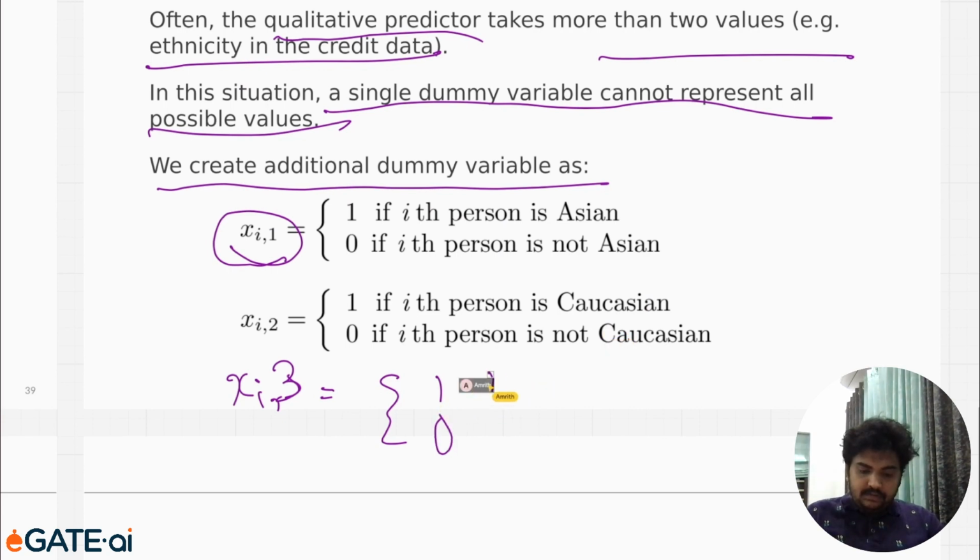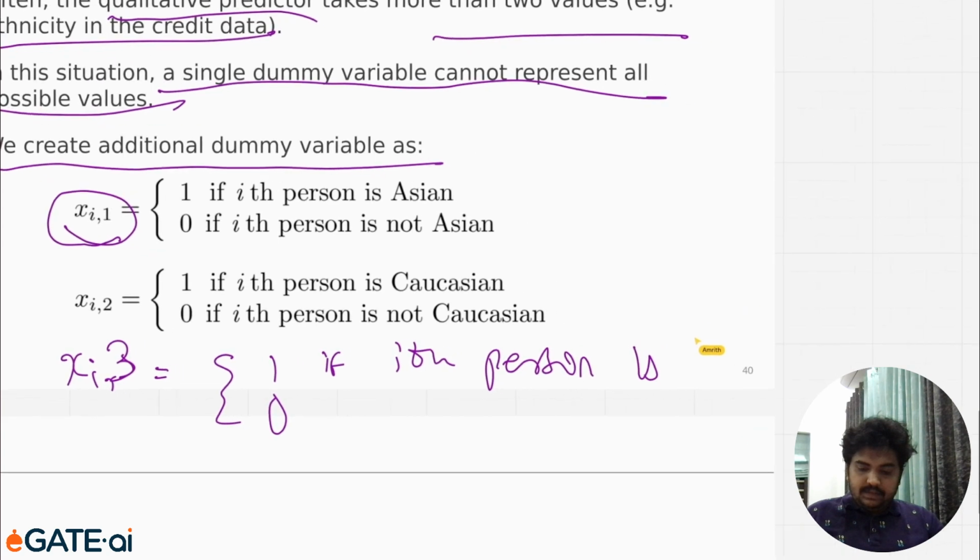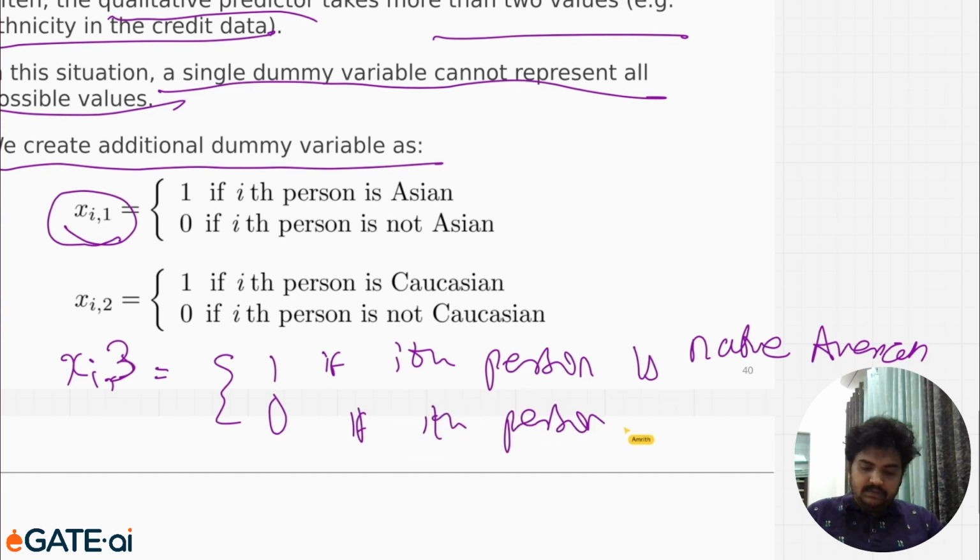So it is 1 if the ith person is Native American, and 0 if the ith person is not Native American.